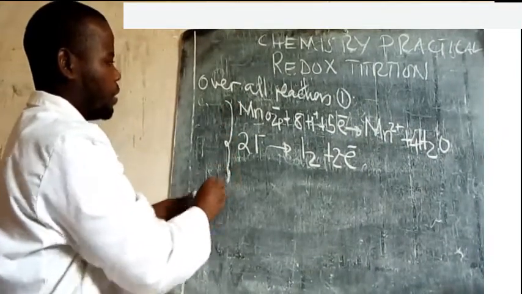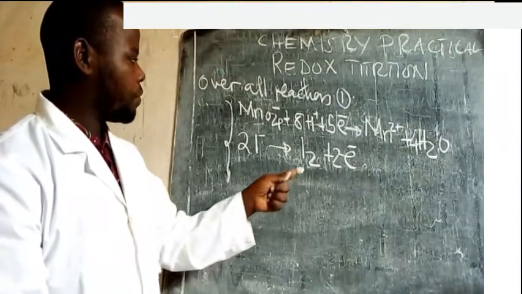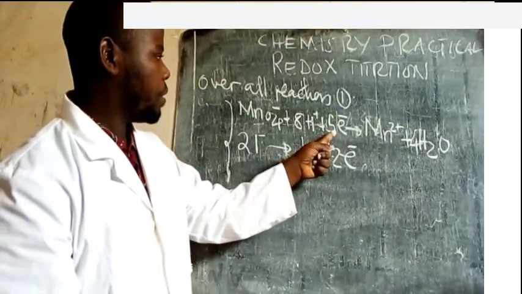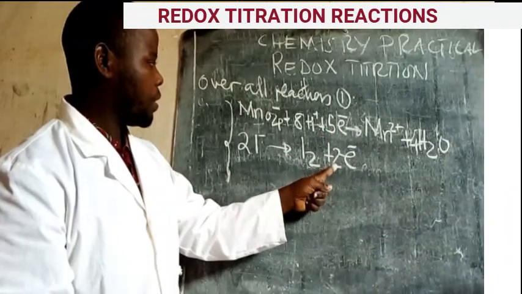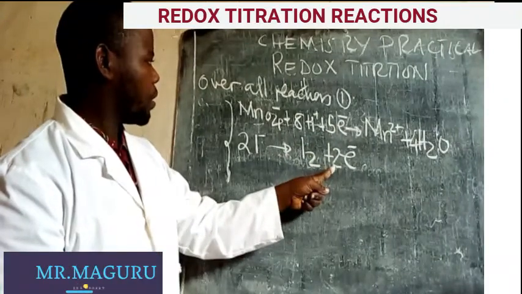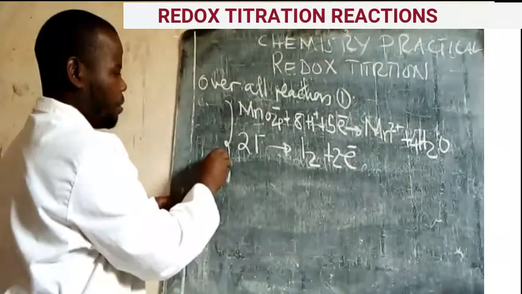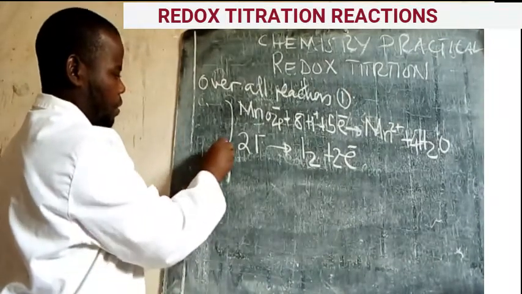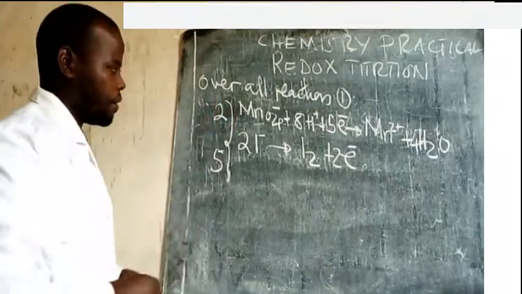Put this one. What do we consider here? We have to consider this and this one. It means this will be here, will be 5, and this one will be here, will be 5.